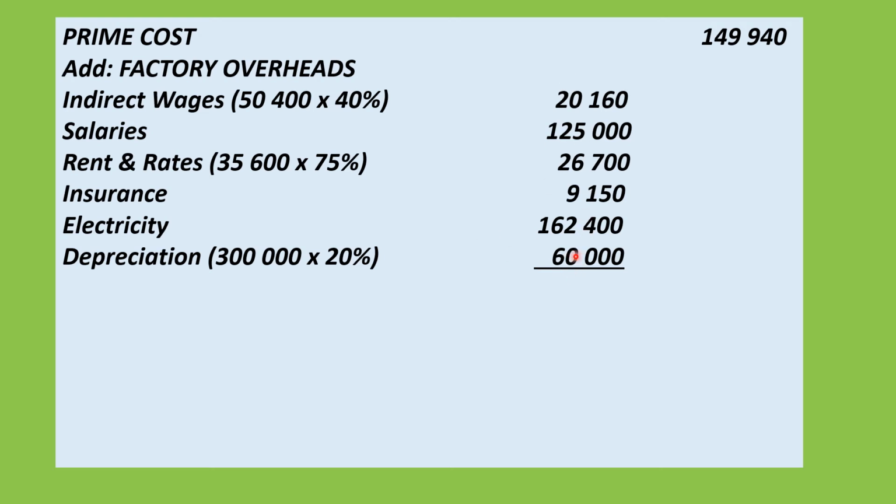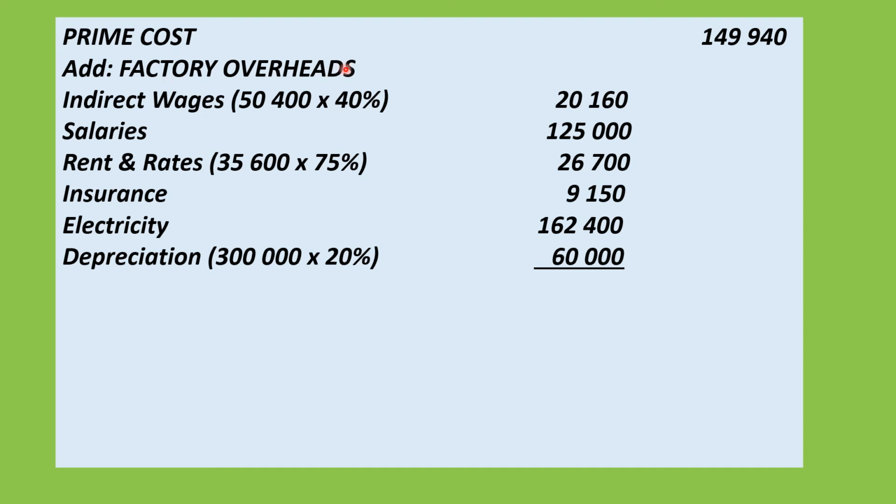And we want to add it on to our prime cost. Now here students normally make a mistake and minus it, like if they are doing a profit and loss account. You don't have to minus the expenses because this is cost as well. Prime cost, notice the word cost.